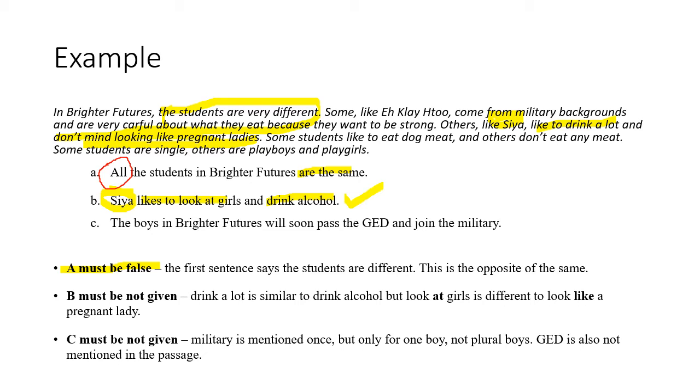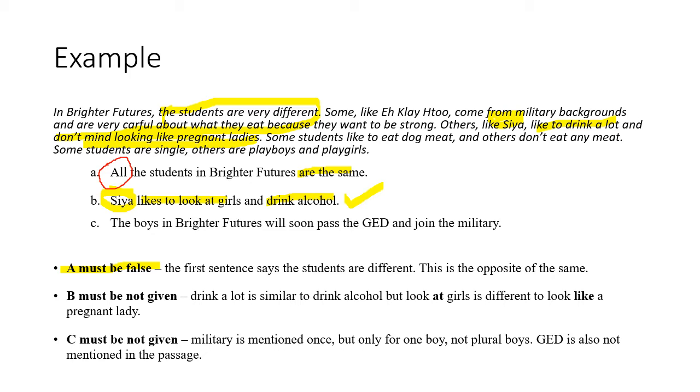So we're saying that Sia has a very big stomach. Maybe he drinks so much alcohol that he has a big stomach. So he looks like a lady who is pregnant, a lady who is having a baby. This does not say he looks at the girls. It says he looks like a girl, a pregnant girl.